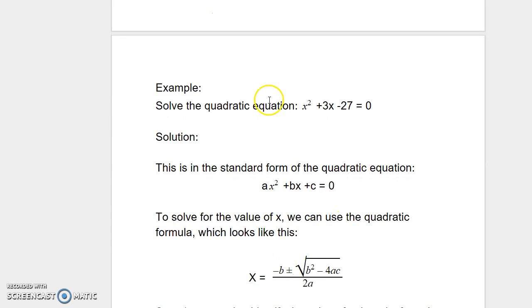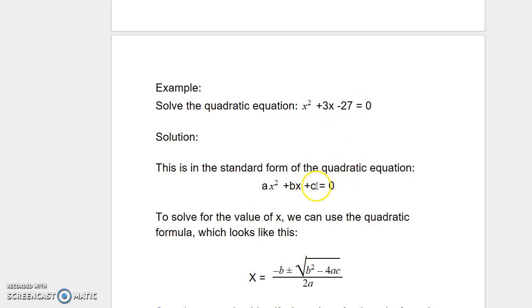Let's say we have an example of this kind, a quadratic equation which is of the form x squared plus 3x minus 27 equals 0. This is in the standard form of a quadratic equation, ax squared plus bx plus c equals 0. We want to identify the values of a, b, and c.